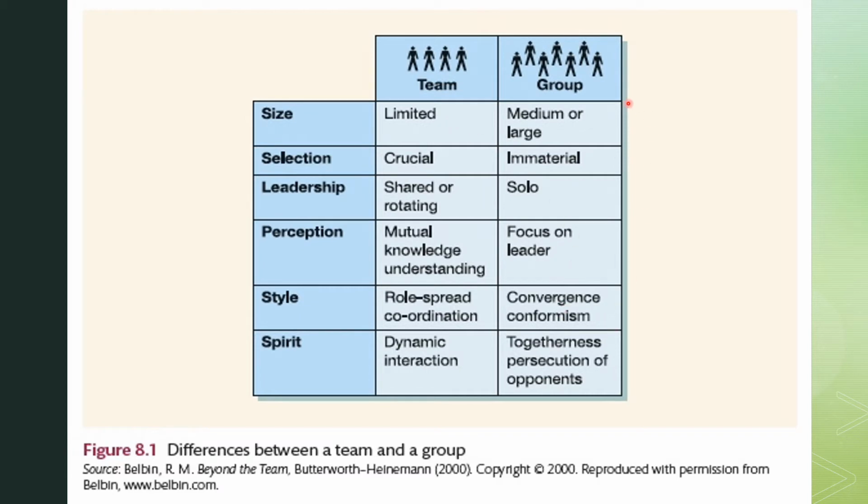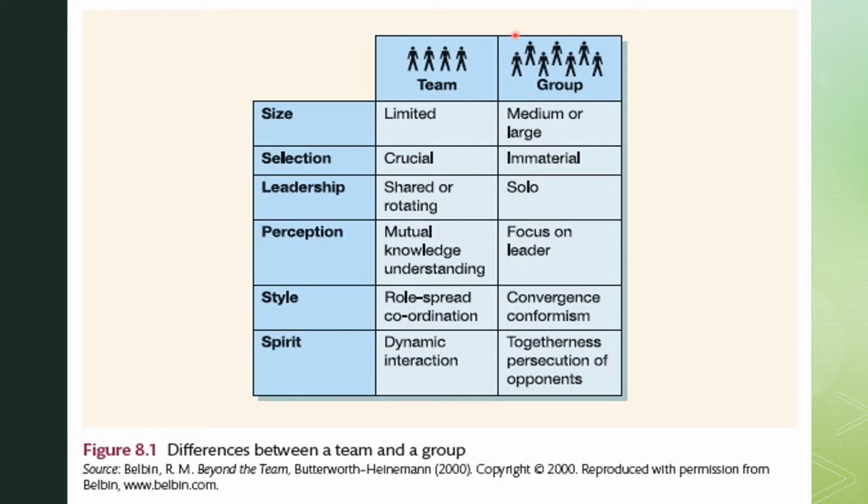Convergence, conformism, right? Ultimately in a group, you want everybody on the same page, a business term, meaning driven by one single goal or one single mission. Okay, the spirit, right? The qi in Chinese, your energy.